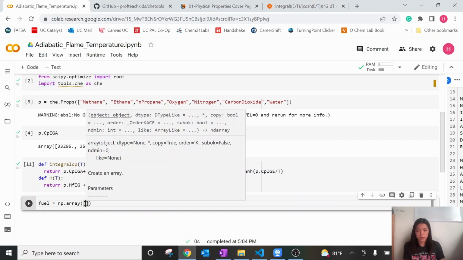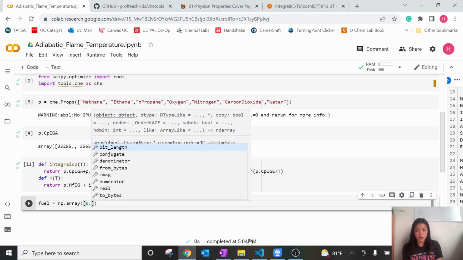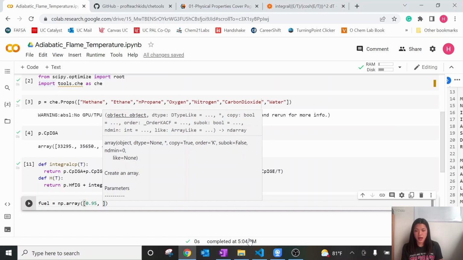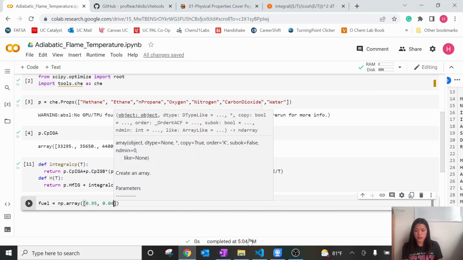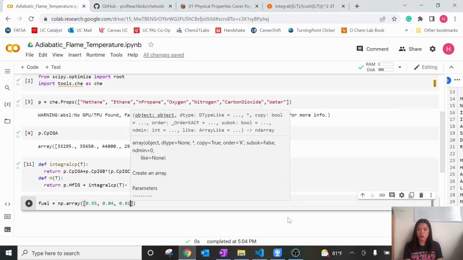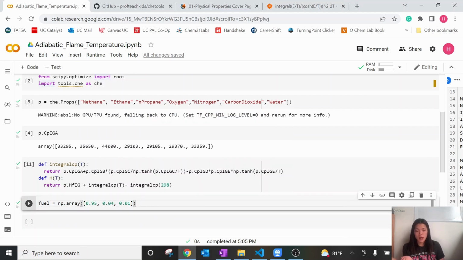So we're going to put it in the same order that we have the properties at. So we have methane, ethane, and propane. And so we have 0.95 because we have 95 mole percent methane. Then we have 4 mole percent ethane, so 0.04, and then we have 1 mole percent propane, so 0.01, and that is our fuel.